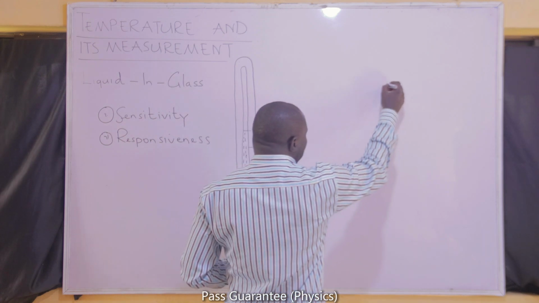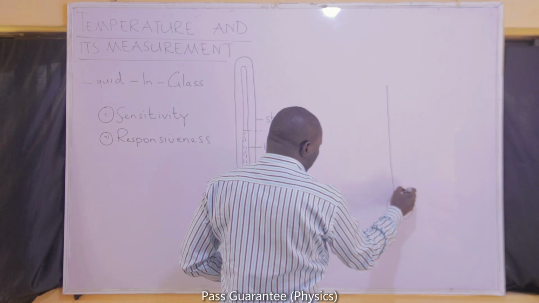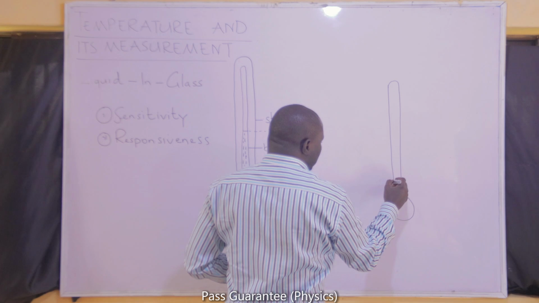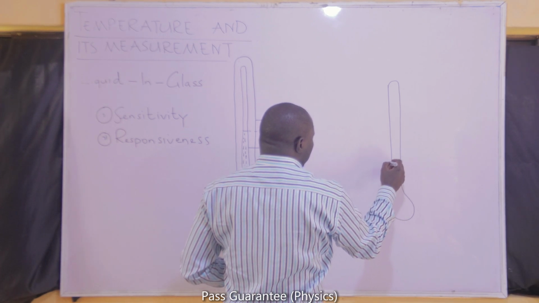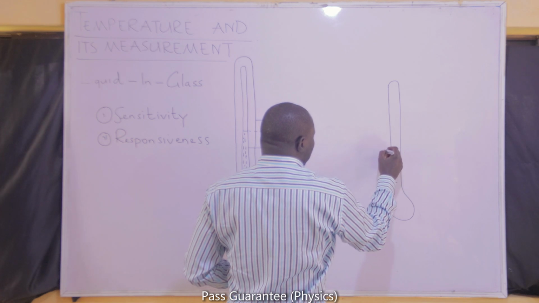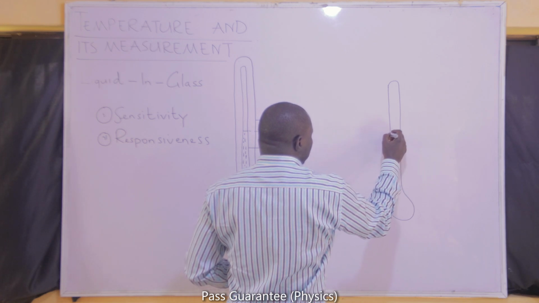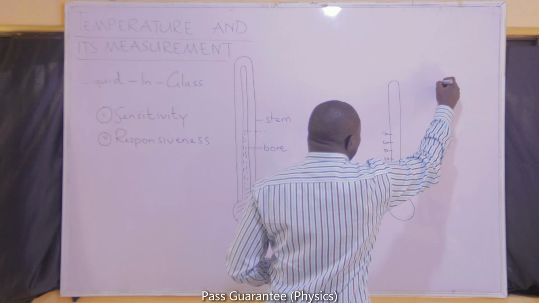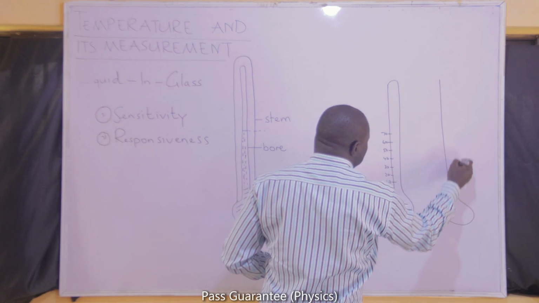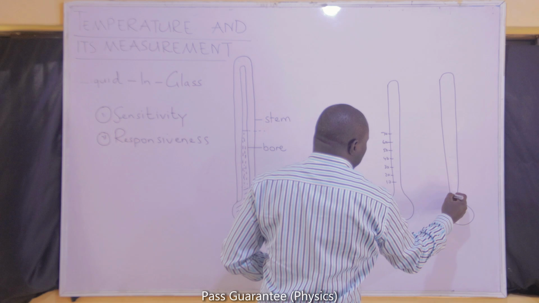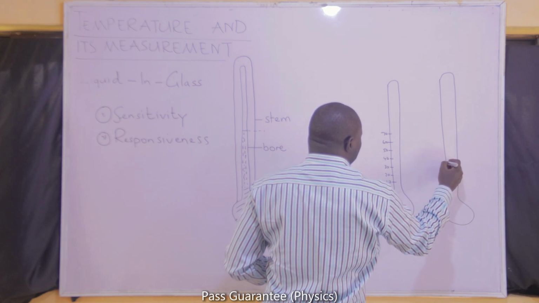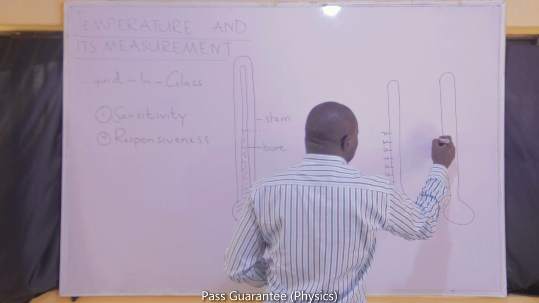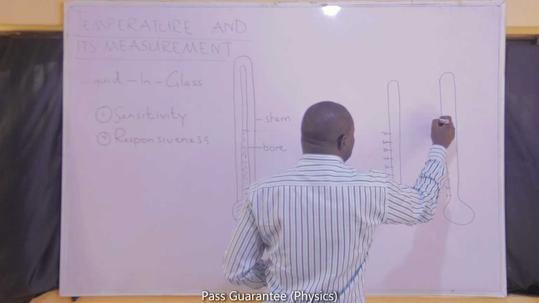For example, if I have a thermometer that is graduated in 10, 20, 30, 40, 50, 60, and 70. Then I have another thermometer that is graduated in 1, 2, 3, 4, 5, 6, 7, 8, 9, and so on.